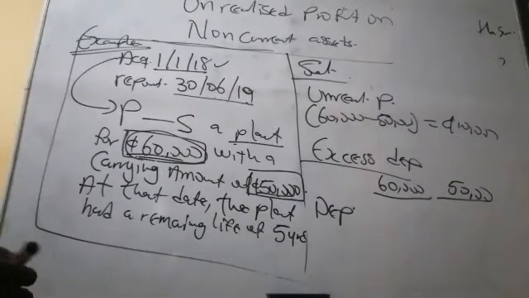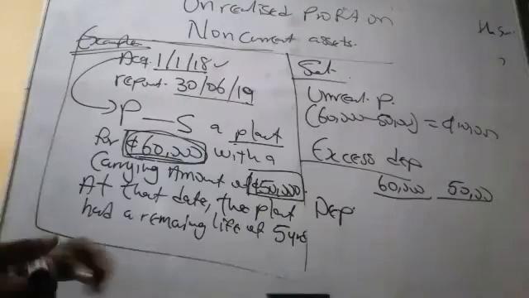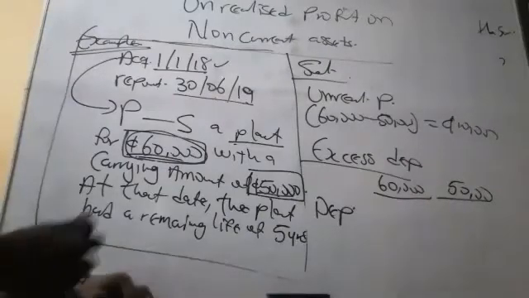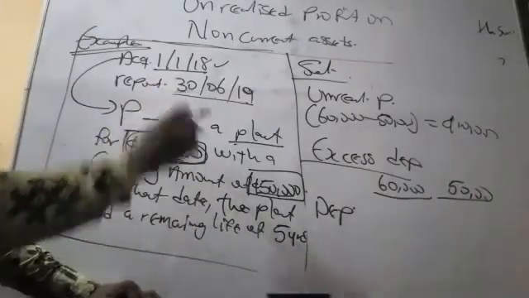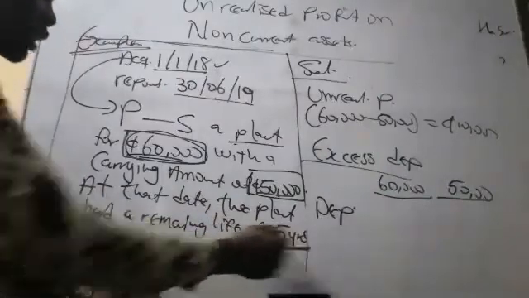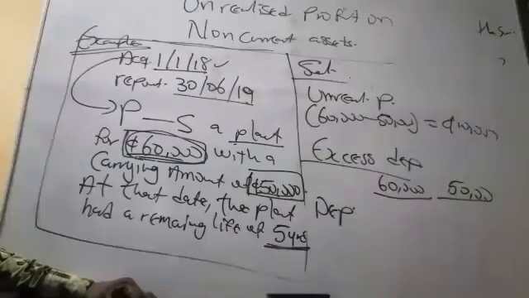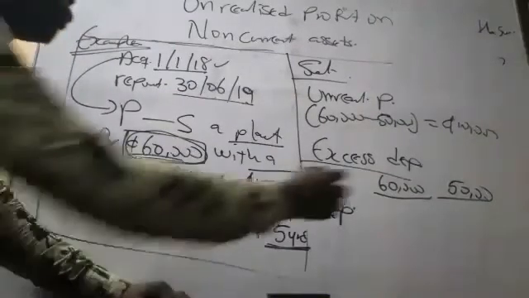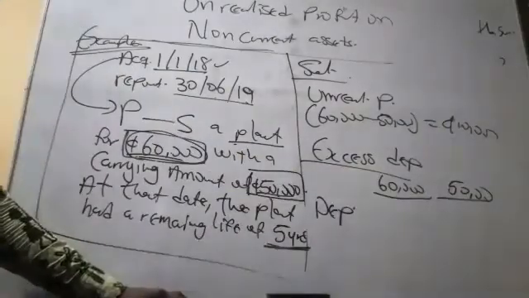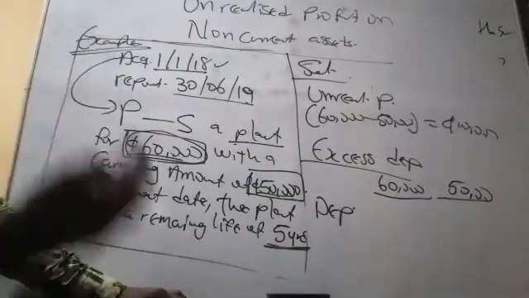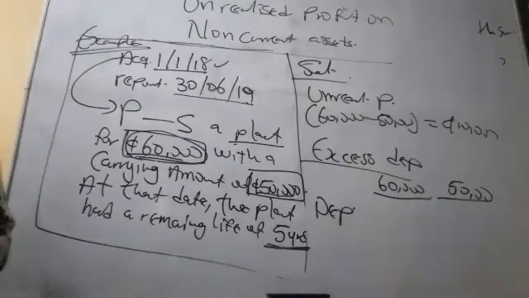Meanwhile, from the date of acquisition, the useful life of the plant is what? 5 years remaining. So if it is 5 years, what do we do? We will just pick this 60,000, divide it by 5 years, and multiply by 1.5.